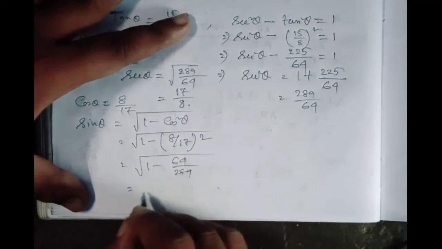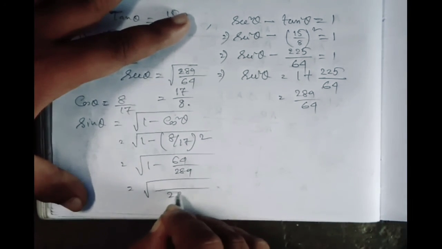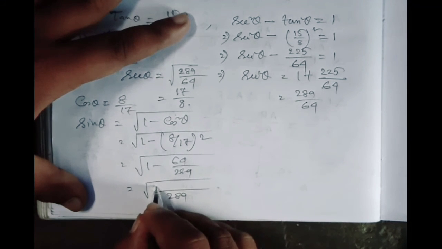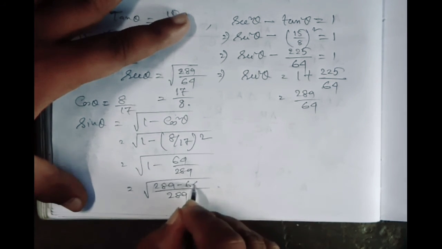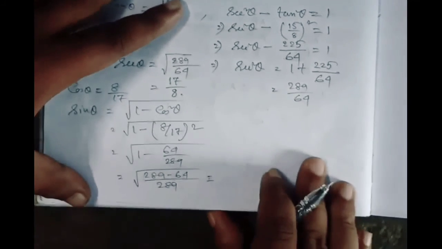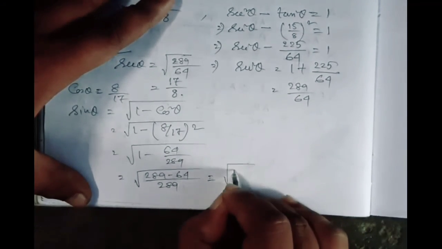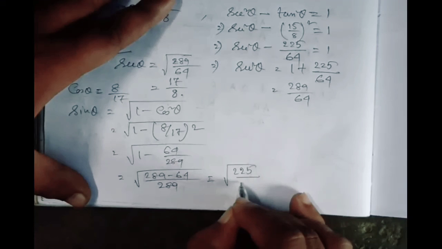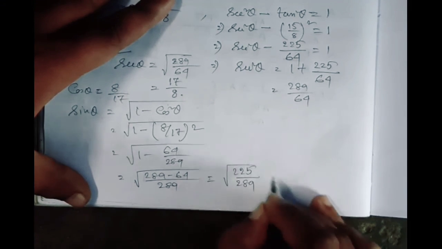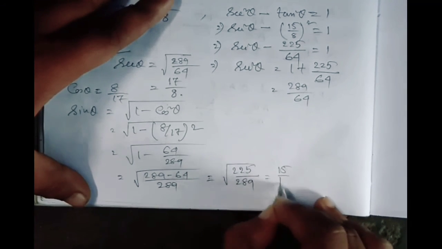That is root over of (289 minus 64) by 289, that is 225 by 289, means 15 by 17.